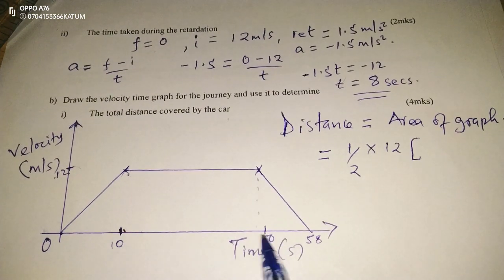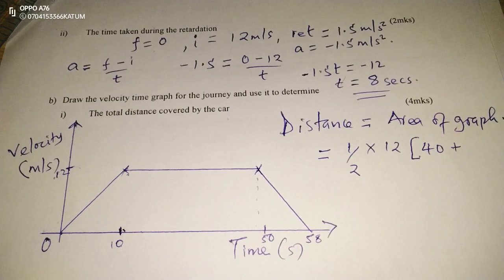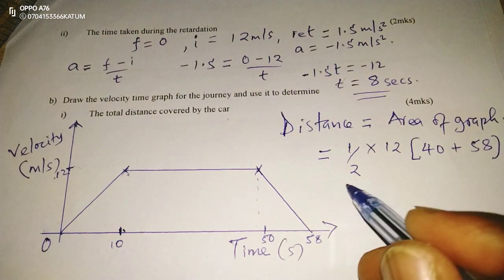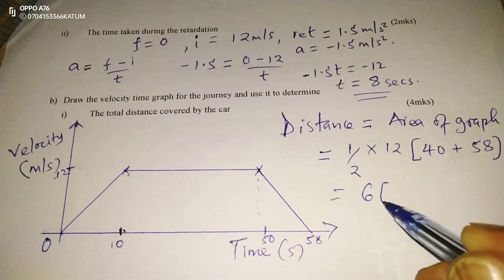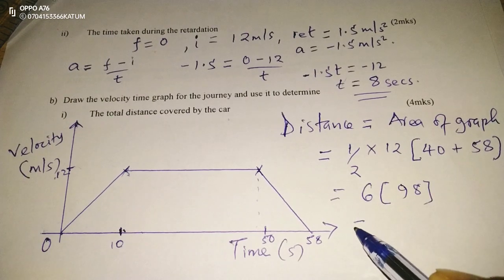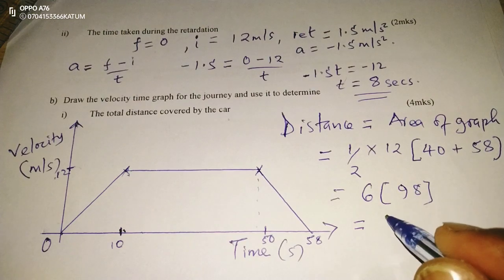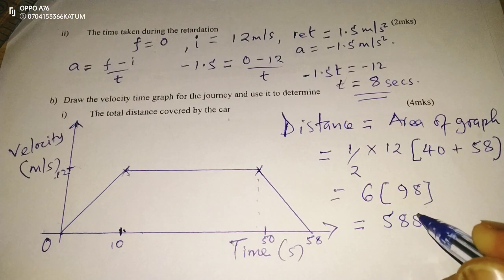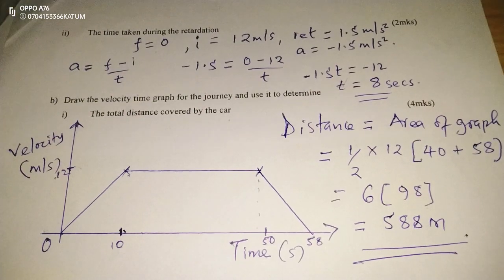From 10 to 50, this is going to be 40, plus from 0 to 58. So we shall have half by 12 multiplied by 98, so this is 6 by 98. It gives us 588 meters. This will be the distance traveled by this car.